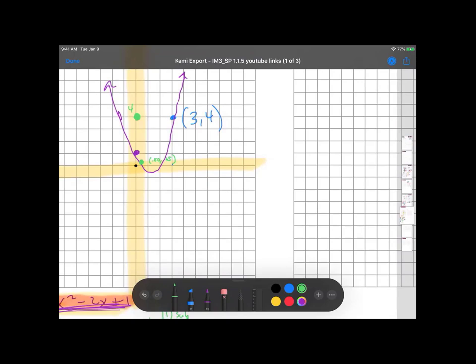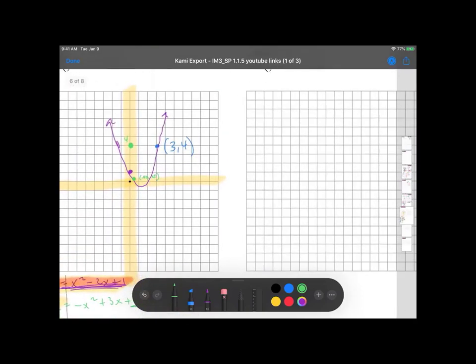Fancy word is concave down. Something must be wrong here, but let's go through this. Okay, so you see the intersection there. But it's not going through that other ordered pair.